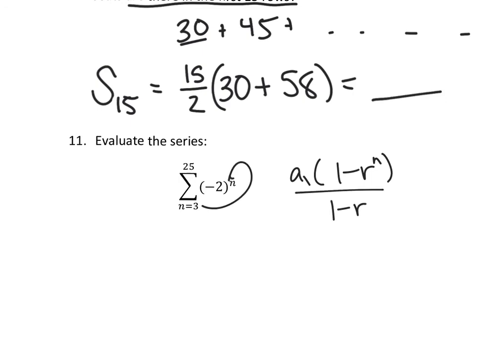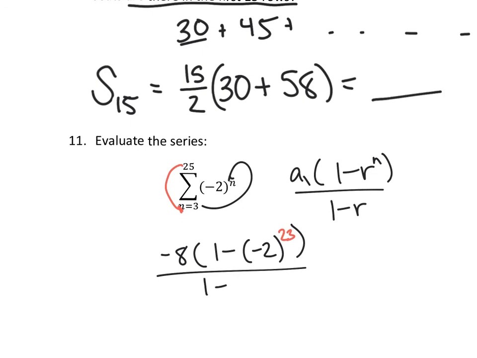So the first term, plugging in 3, is going to be -8. 1 minus, the common ratio is going to be -2. And then to figure out how many terms there are, I'm going to subtract 25 minus 3 and then add 1, so it's 23, to the 1 minus -2. So you want to put that in your calculator, and you get -2236964.